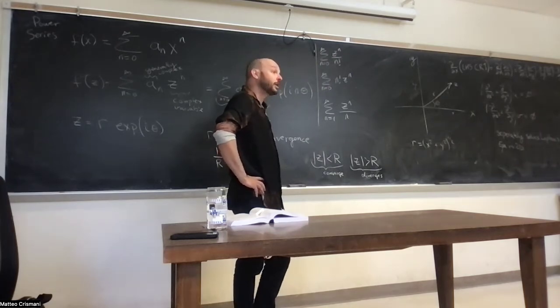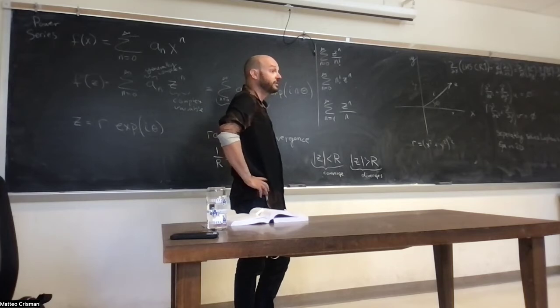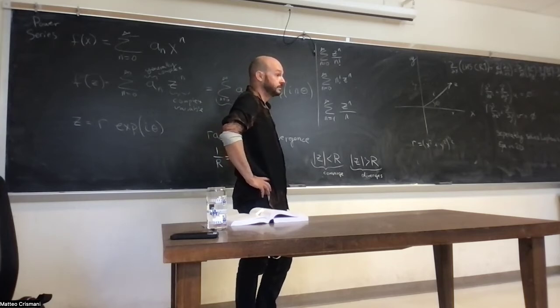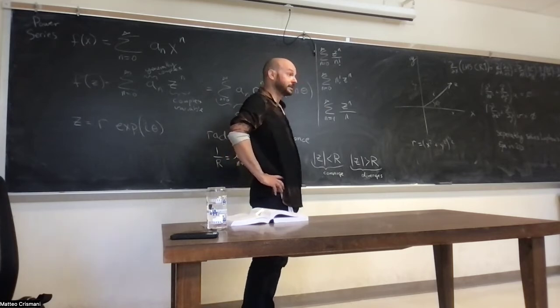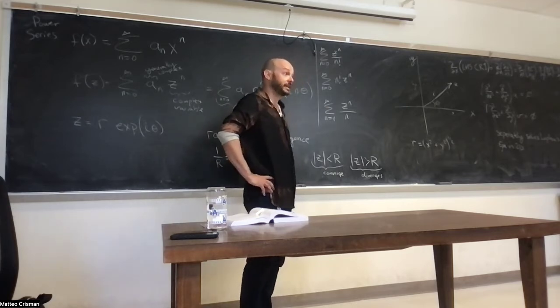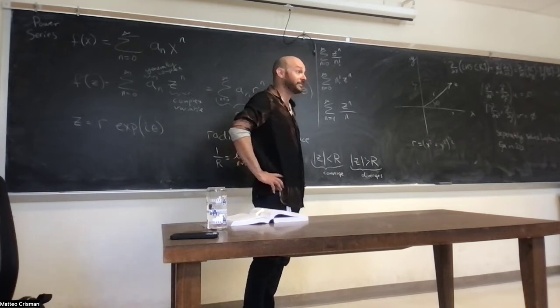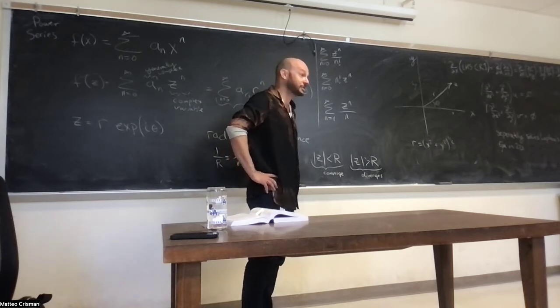Not all infinities are the same. There are different orders of infinity. N factorial is not n. Infinity factorial is not infinity. It's much larger than infinity, because it's infinity times infinity minus 1 times infinity minus 2.